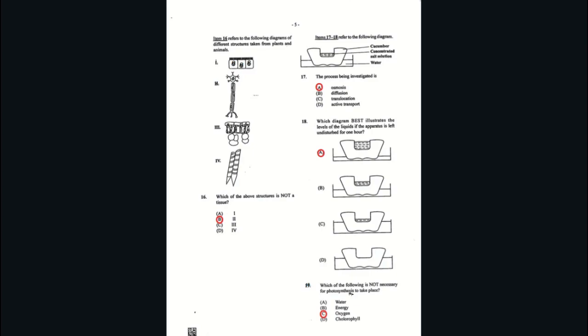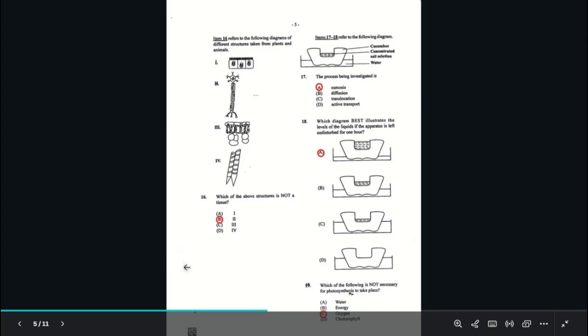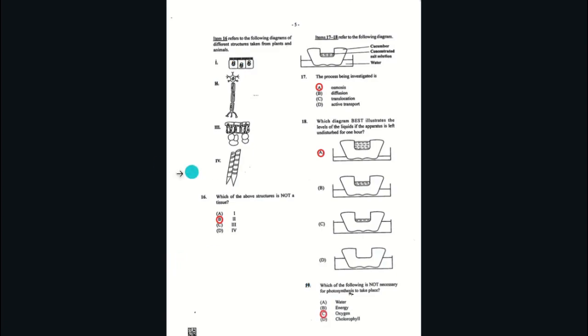So basically, which of the above structures is not a tissue? Let's just say you have no idea what 1, 2, 3, or 4 are. What you can do is remember this: cells make up tissues, right? And the question is asking which of the above is not a tissue. So if you want to use common sense and pick out the correct answer, okay, one has 1, 2, 3.